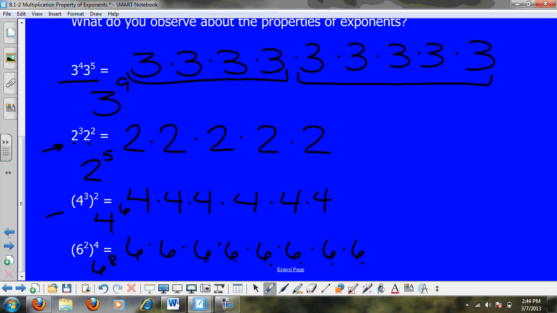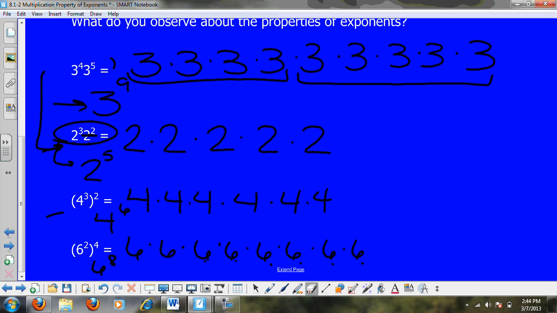Do you notice how in these two we went from what was in white to what I simplified to here? And in here, 2 cubed times 2 squared to how I got 2 to the 5th. What did I end up doing with these exponents? Thank you, Dakota. I just added them, didn't I?